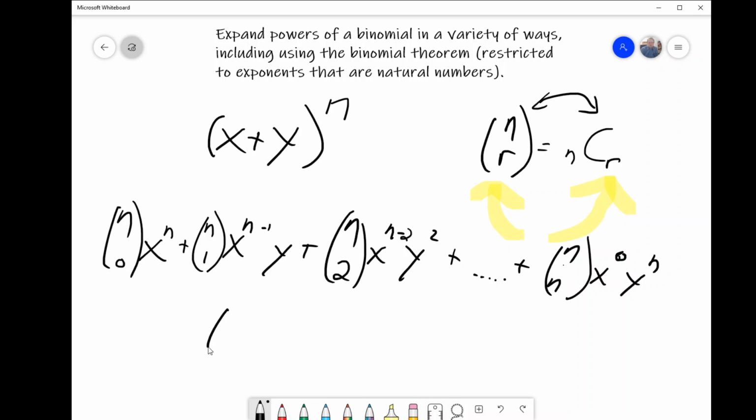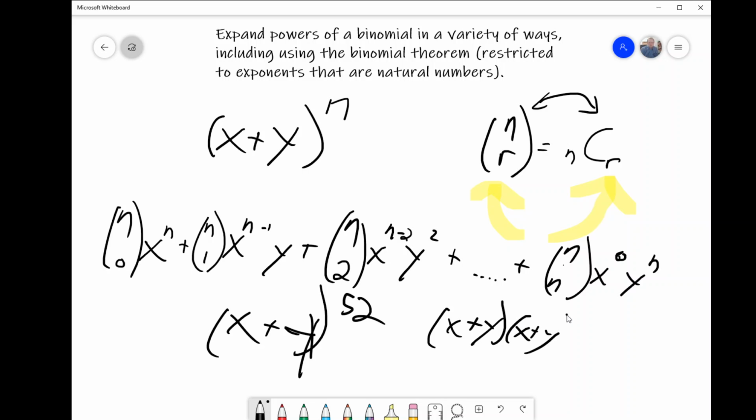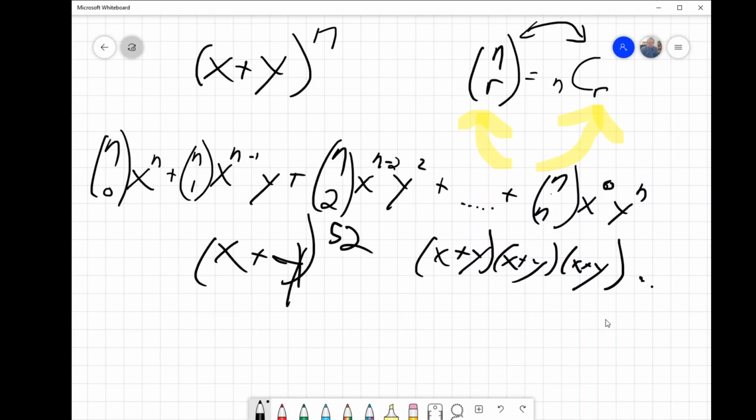I can give you x plus y to the 52 and ask you to expand it. You are not going to want to take x plus y times x plus y times x plus y 52 times and multiply all those out and collect your like terms.